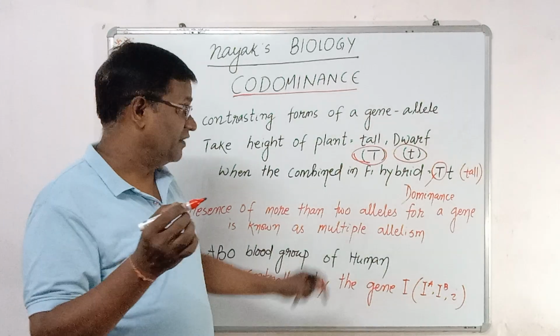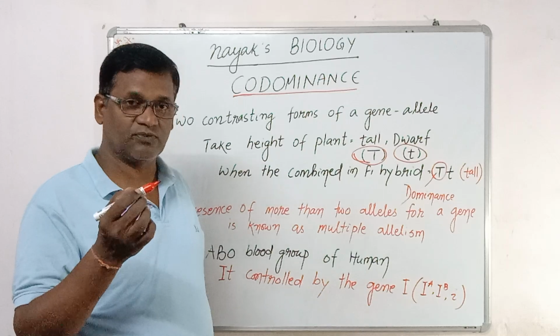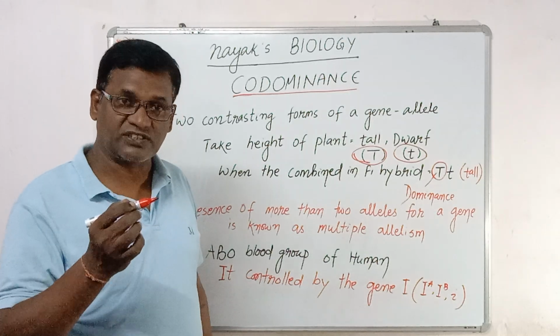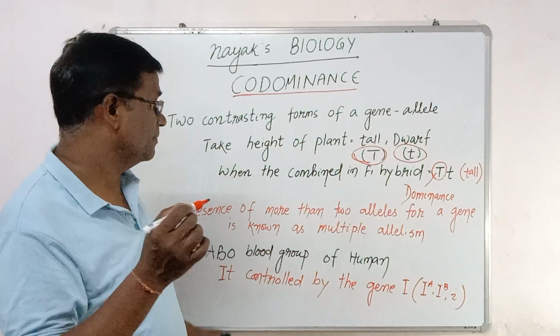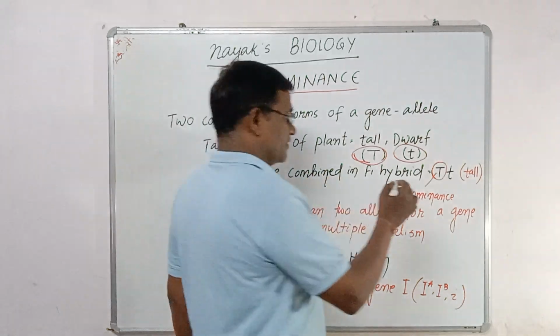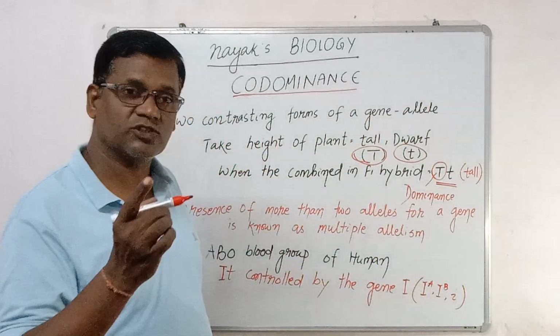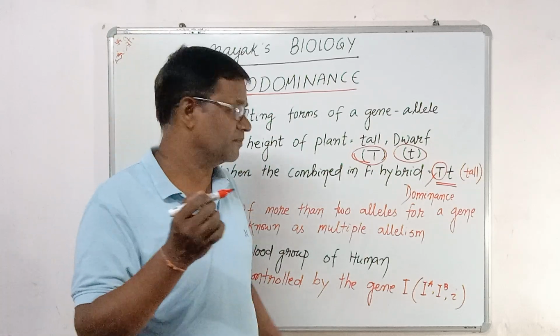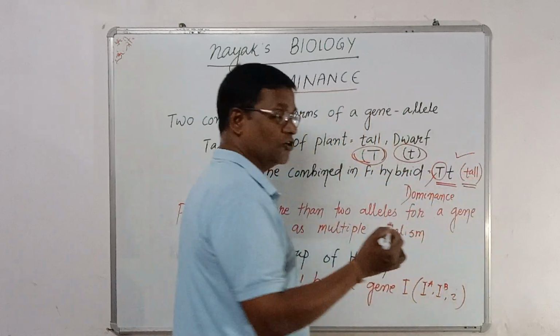When they combine in the F1 generation, we know the F1 generation is the first generation produced when the parents are crossed. In the F1 generation, the genotype will be capital T and small t. What about the plant? The plant becomes tall. Why is it tall?